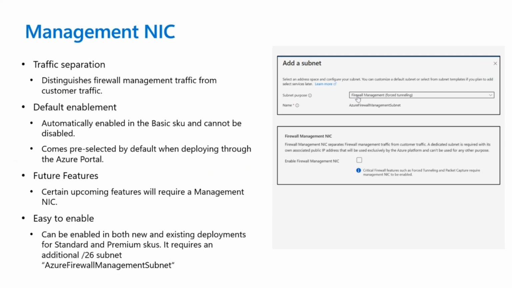It's going to use a dedicated NIC for the management, for all the updates that are being managed by Microsoft, so it doesn't conflict with your traffic coming into your workloads. So that's the biggest advantage of using the management NIC.